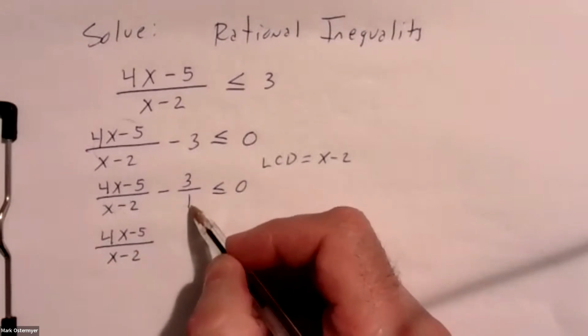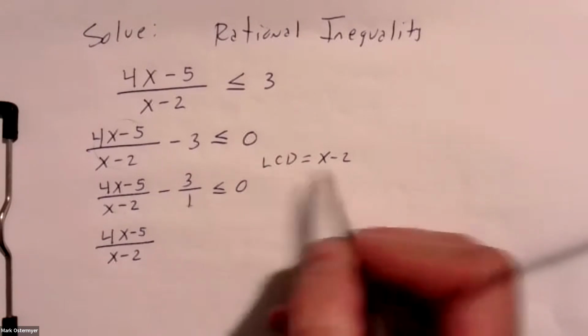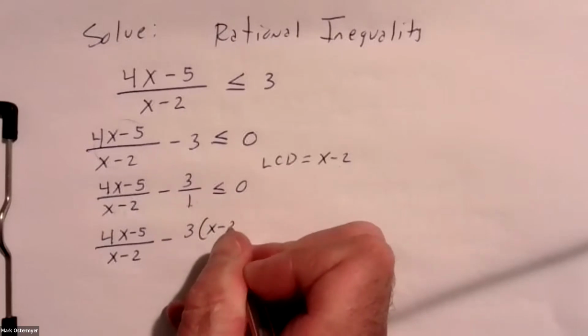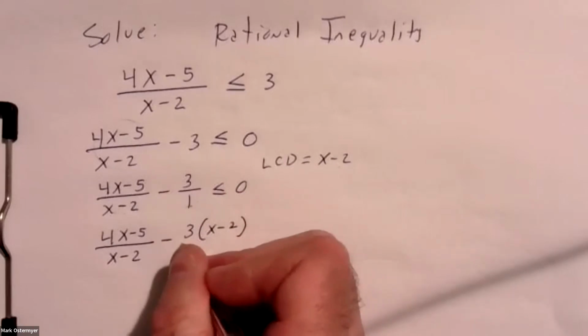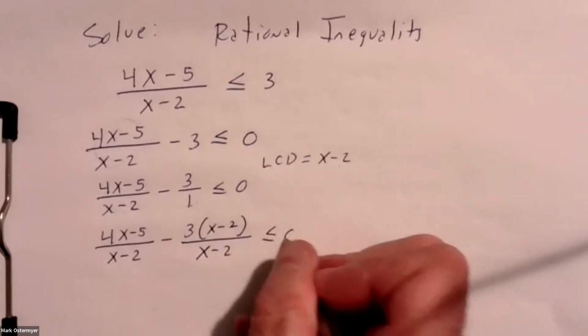But this 3 over 1 needs help. In fact, the denominator here has to be multiplied by x minus 2, so we have to multiply the numerator by x minus 2 also, to build up 3 over 1 into an equivalent fraction that now has the least common denominator.